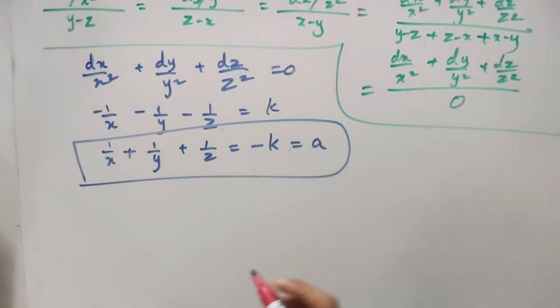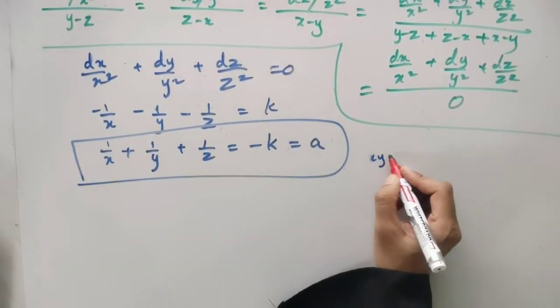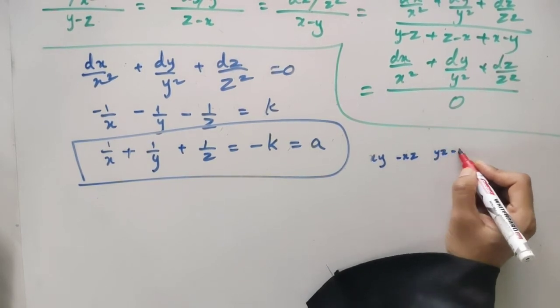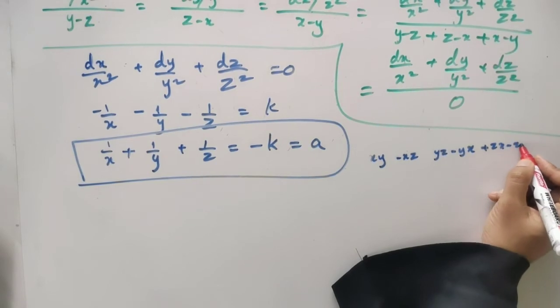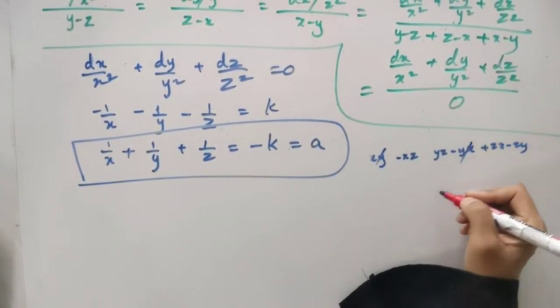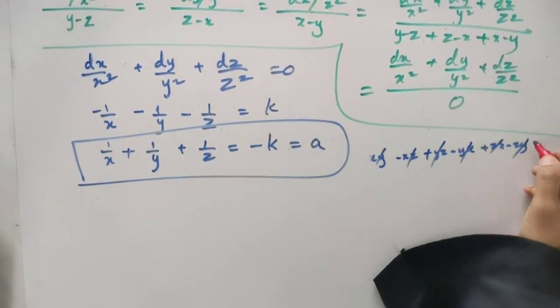Now let's go for another combination. Since the bracket I'll keep it as it is, only one x I will take inside: x into y minus x into z, y into z minus y into x plus z into x minus z into y. You see everything is getting cancelled.